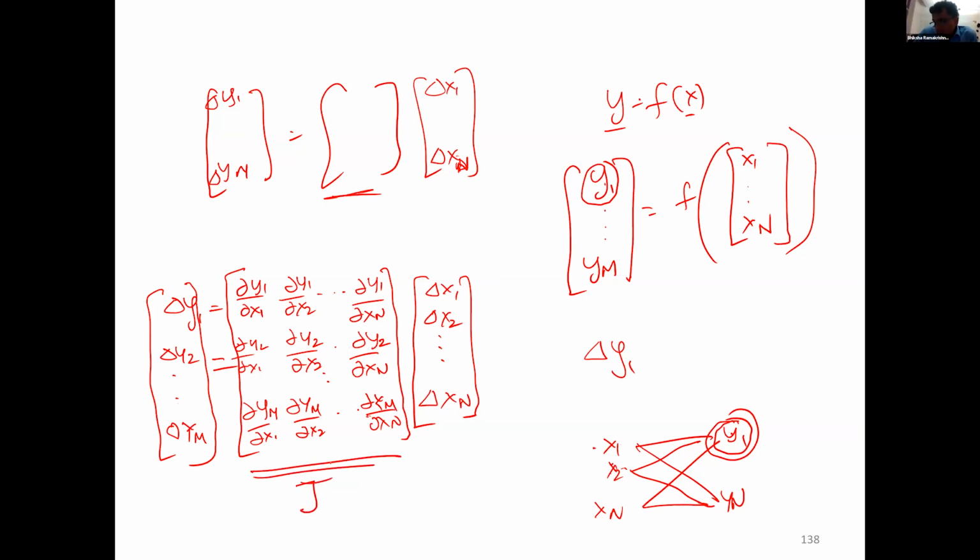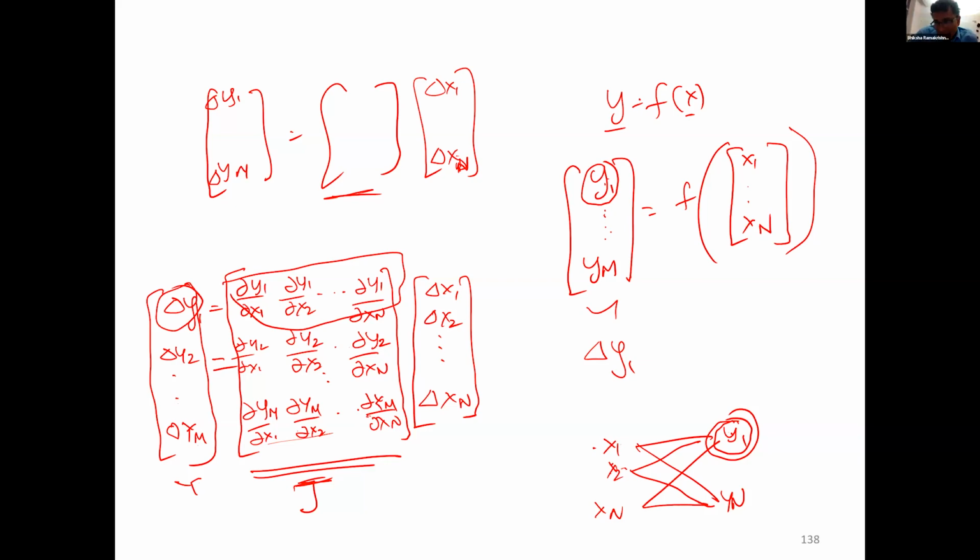Each row of the Jacobian is basically the derivative of the corresponding variable with respect to the x's. So you can think of this Jacobian just as y over here is a vertical stacking of the individual y's; the Jacobian is a vertical stacking of the derivatives of the individual y's on top of one another. That makes sense?